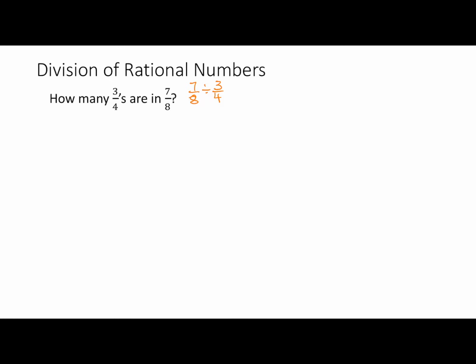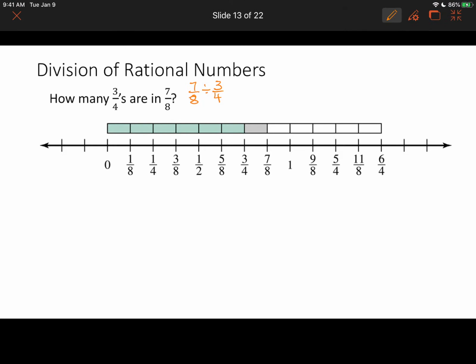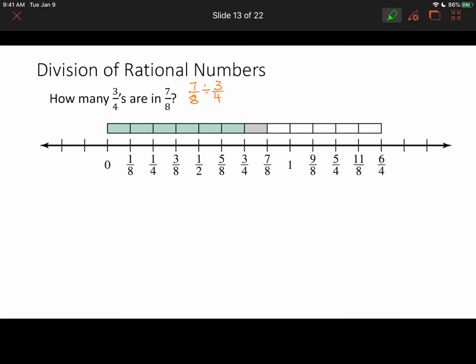This is a little different than the examples on the last slide because I'm starting with the 7/8, and it's difficult to break that into fourths, right? So instead I'm going to sketch the number line here. The first thing I'm going to do is mark 7/8, and I'm going to highlight over this so you can see in real time what I would do.